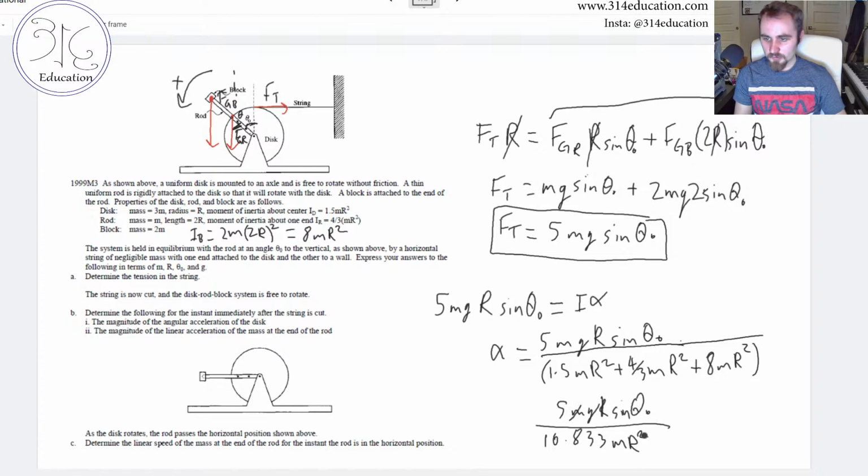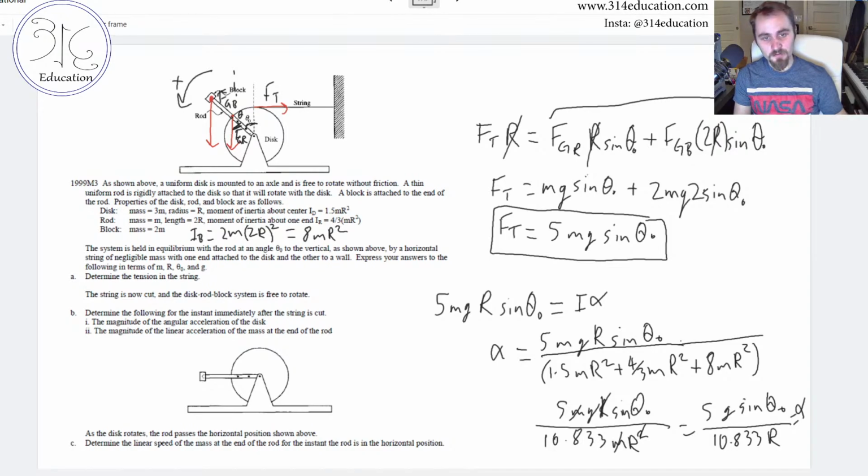We can cancel the m's and one of the r's, giving us 5g sine theta over 10.833 r. That's our alpha, our angular acceleration after this.